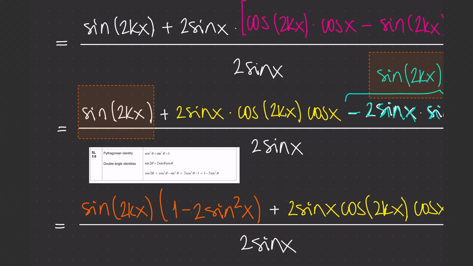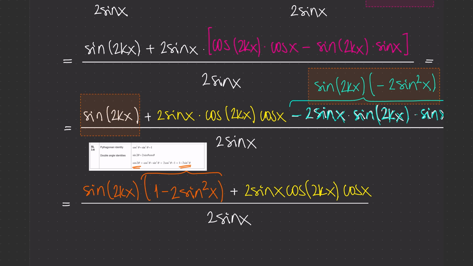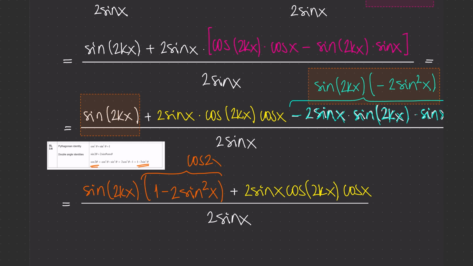And also notice that 1 minus 2 sine squared is the same as cosine of 2 times theta. In our case, it's going to be cosine of 2x. So this guy will get to be replaced by cosine of 2x.